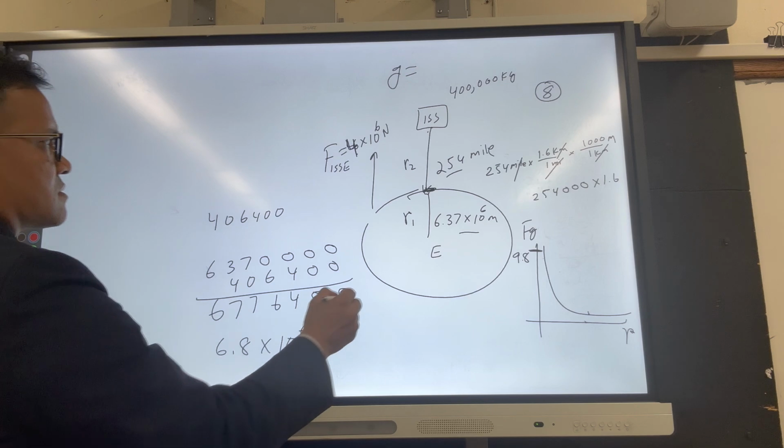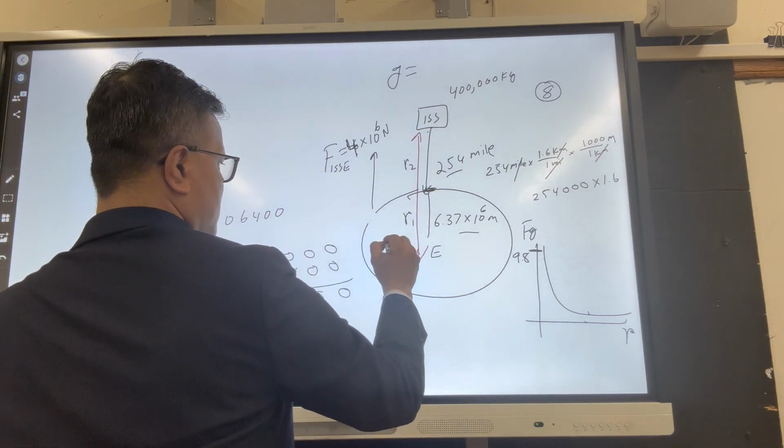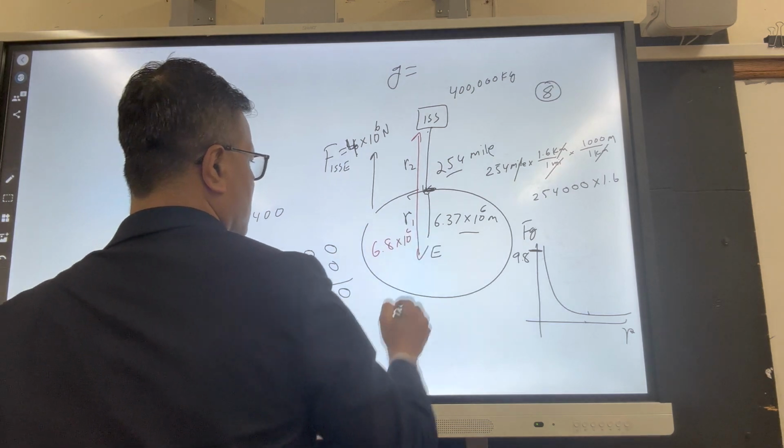So this is the distance, 6.8 times 10 raised to 6.